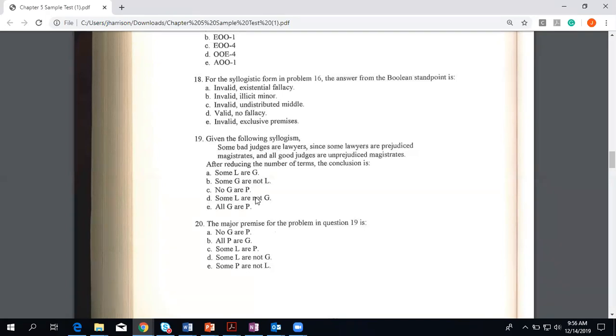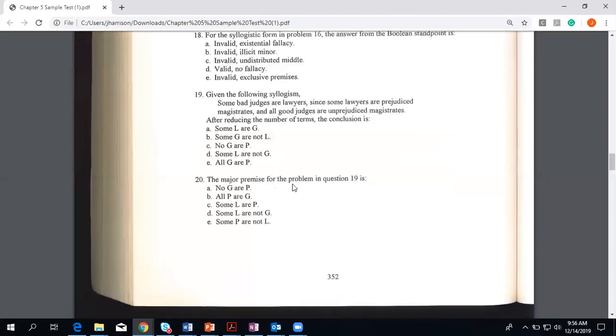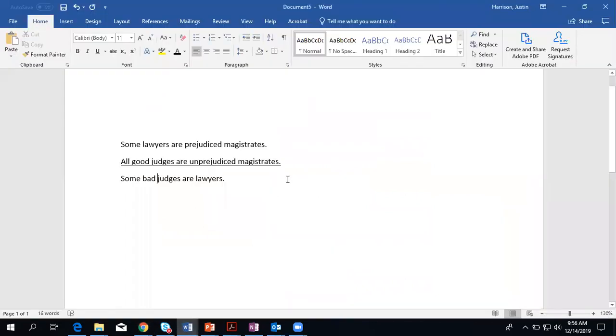So some lawyers are not good judges is the same as saying some bad judges are lawyers. The major premise for the problem here, so if we look back, our conclusion really, after we reduce terms, is some lawyers are not good judges.